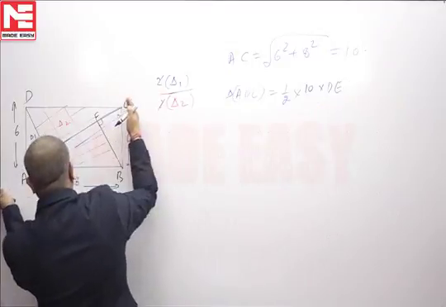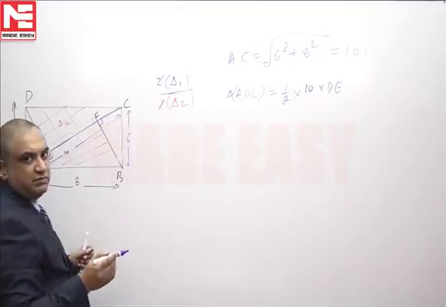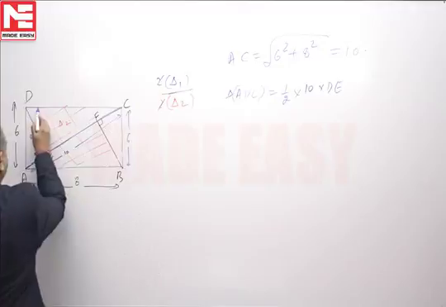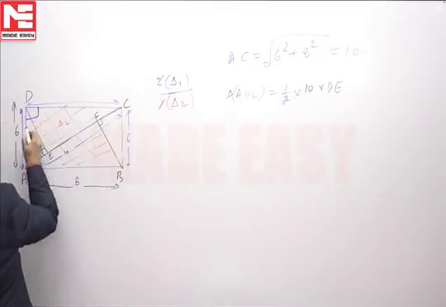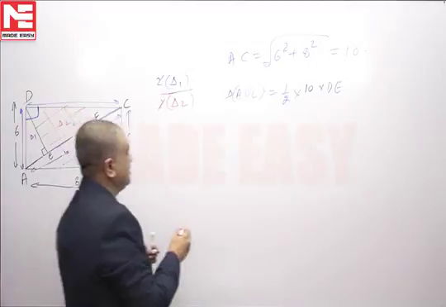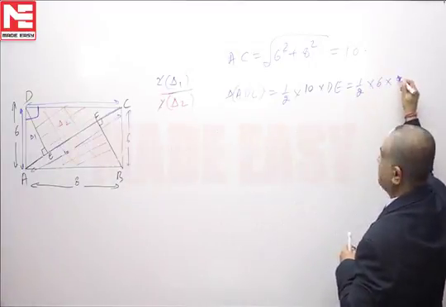There is one more way of evaluating the area of triangle ADC. This is right-angled over here, so this is base and height. One more way: half base into height from here, so that should be equal to half into 6 into 8.